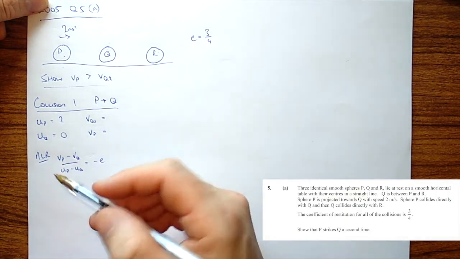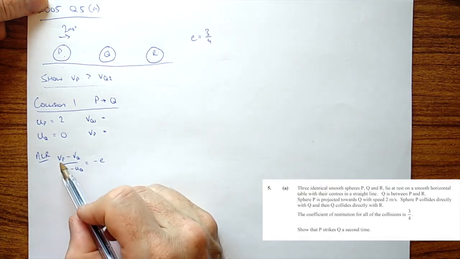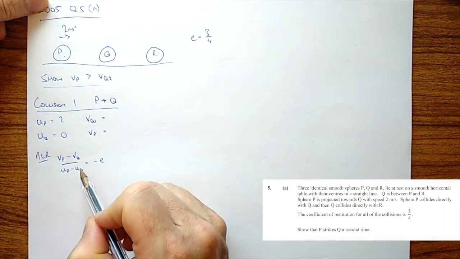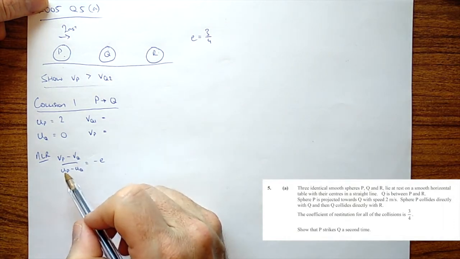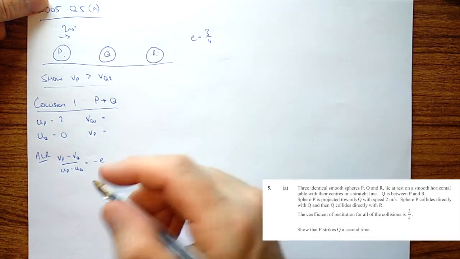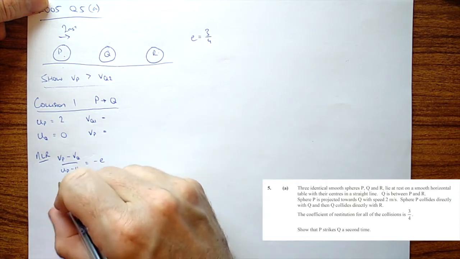You'll see this in the book sometimes, V2 minus V1 and so on. Once you're consistent, if it's VP minus VQ, it's UP minus UQ. If you flip them around, all you're doing is multiplying everything above and below by -1, and that's completely fine. So just be consistent with the first term and the second term, and it all works out.